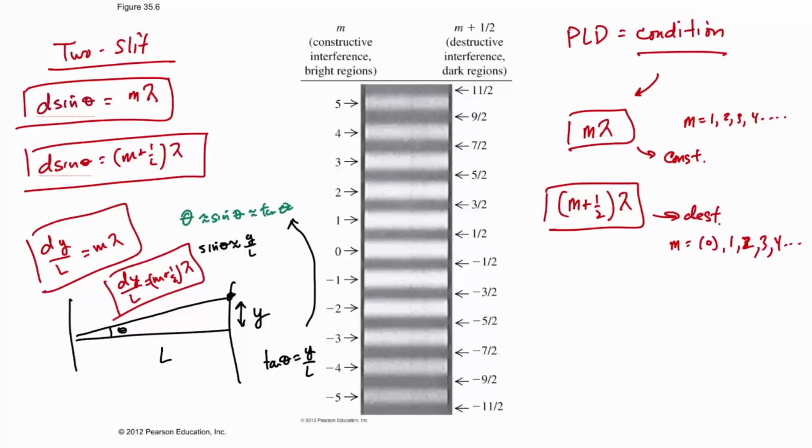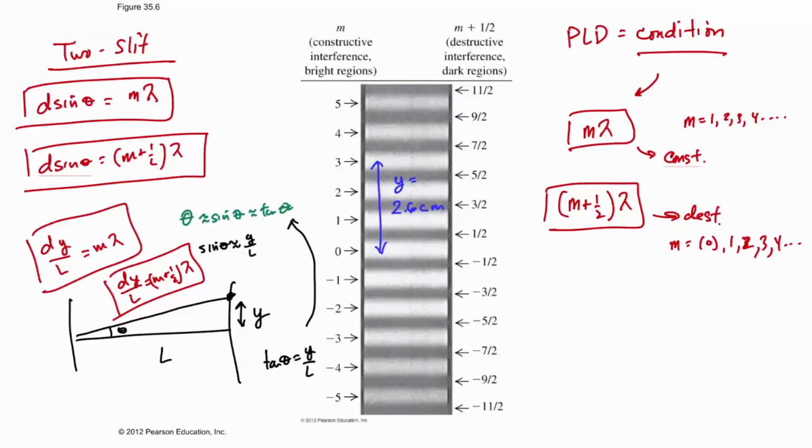So for example, if they tell you that the difference between the primary and the m equals 3 bright fringe is 2.6 centimeters, let's say, that's your y. It's the distance on the screen between the center and whatever you're looking at, right?